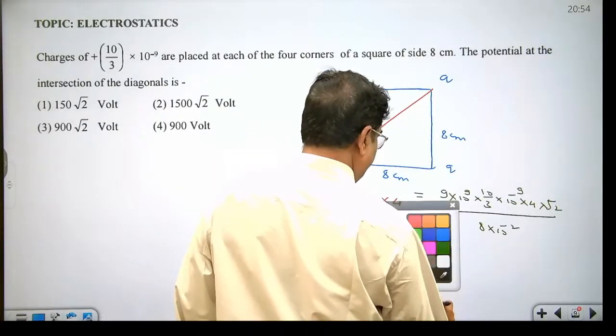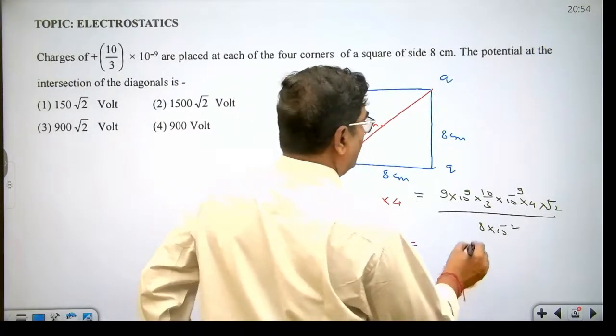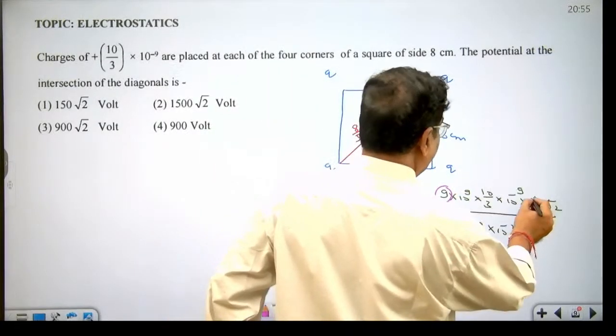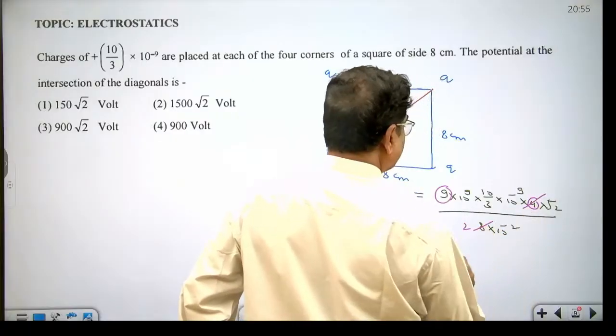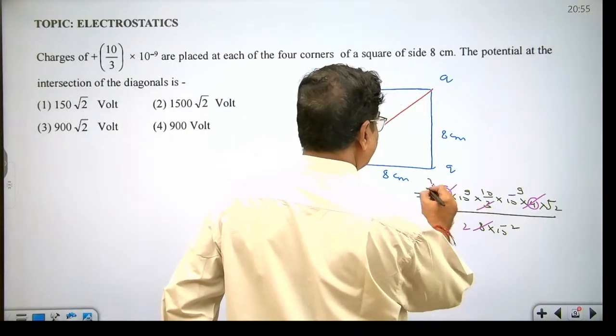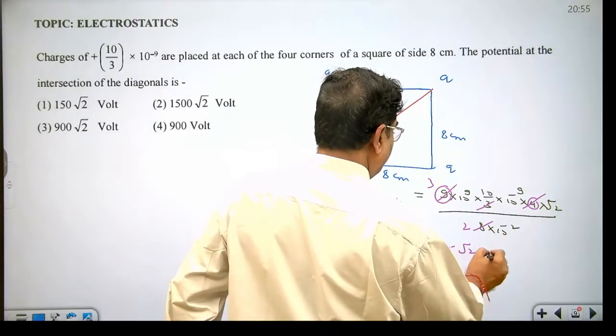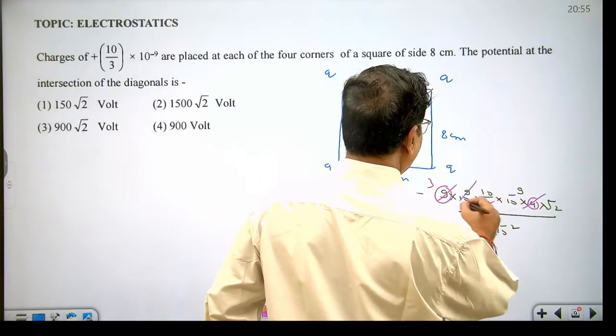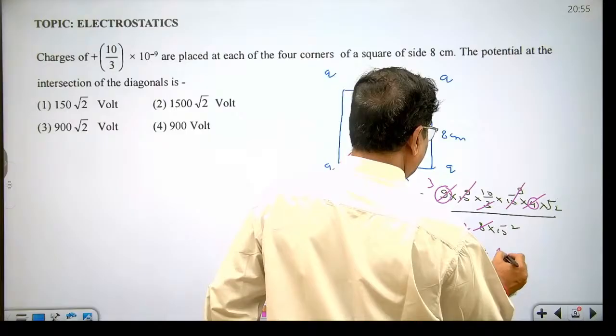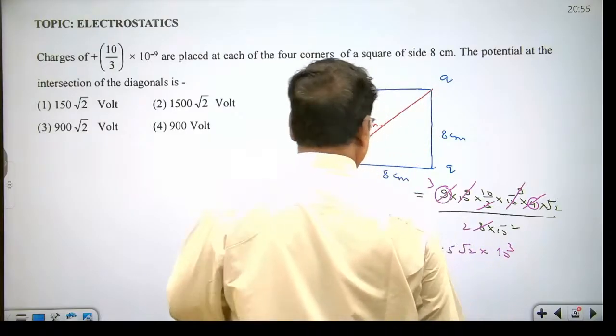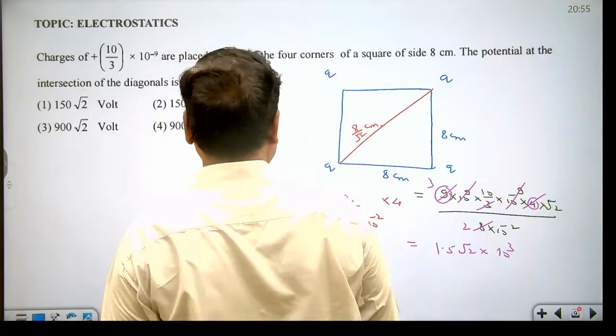After solving this, we get 9 into 4. 4 and 8 will get cancelled. And 3 and 3 will get cancelled. This will become 1.5 root 2 into 10 power 9, 10 power minus 9 will get cancelled. This will become 10 power 3. So 1.5 root 2 into 10 power 3.